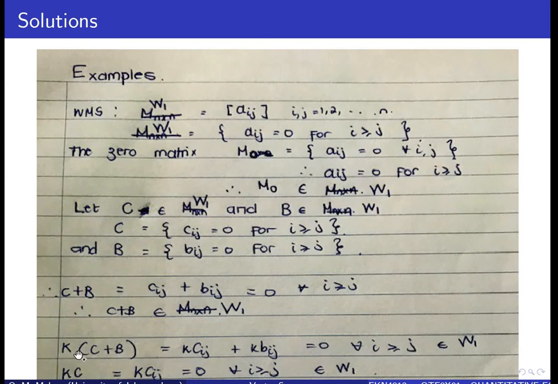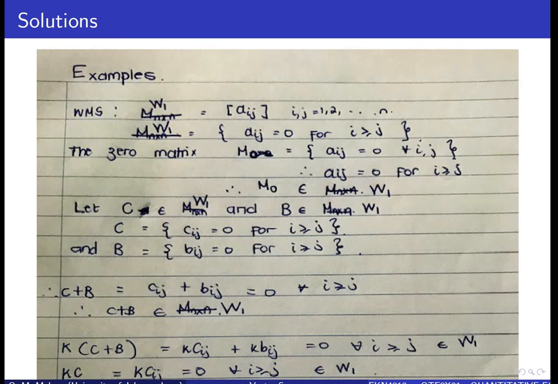So this product K, C plus B will be in W. And if I have Kc as well, Kcij will also be 0 for all i greater or equal to j, which simply means all the elements that are below the diagonal will be 0. And if that's the case, I can conclude that Kc is in W1.